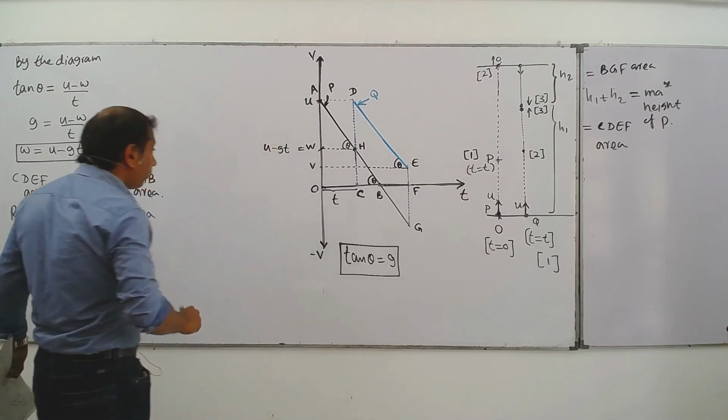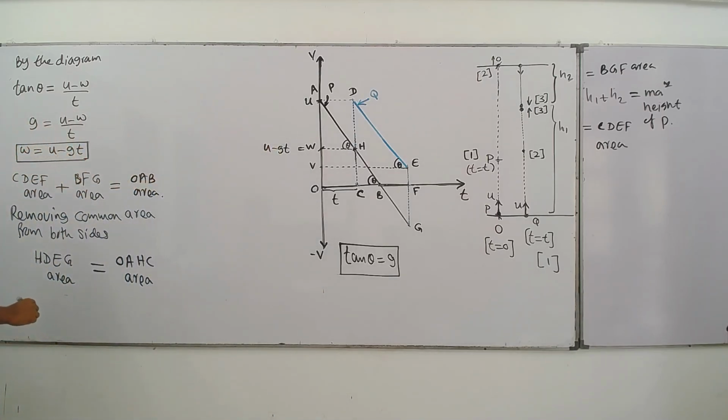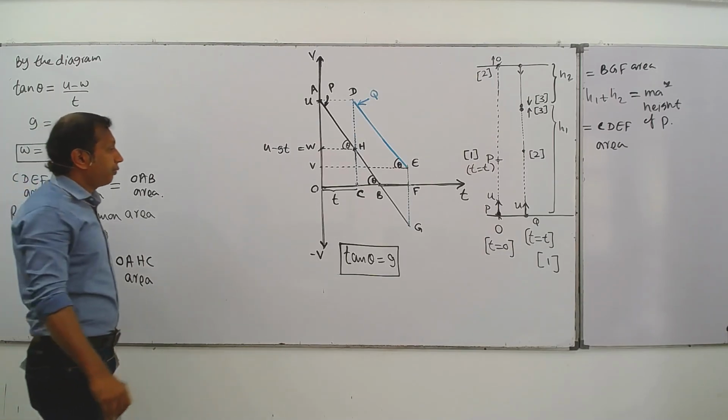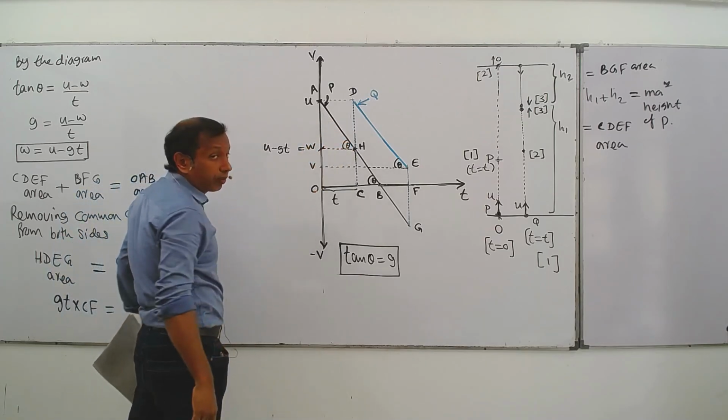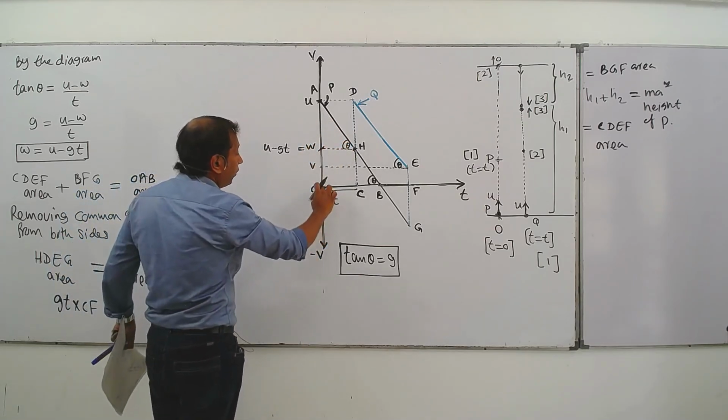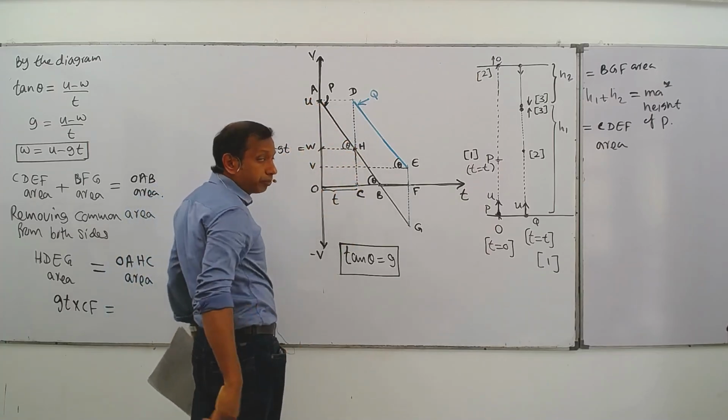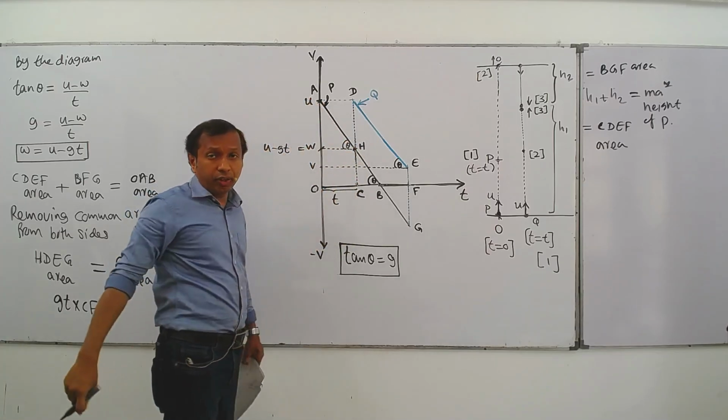Then this left hand side, we can write GT into CF. OAHC area, I can write, it is a trapezium. Sum of the parallel sides into perpendicular height divided by 2. All right.